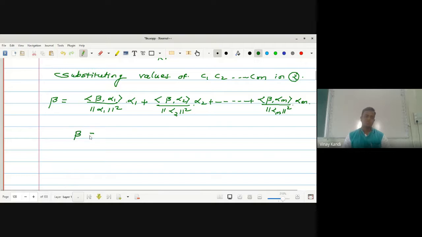So beta is equal to summation k running from 1 to m of inner product of beta with alpha k upon norm of alpha k square into alpha k.